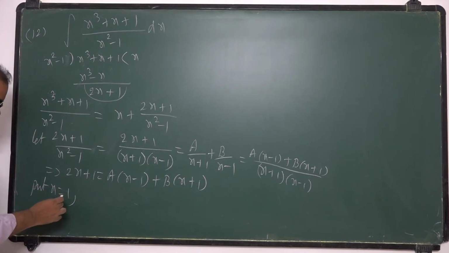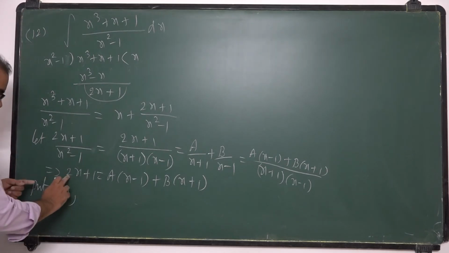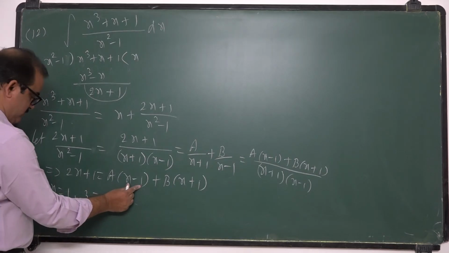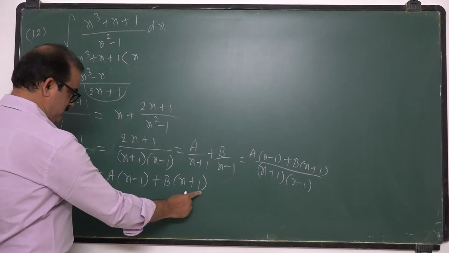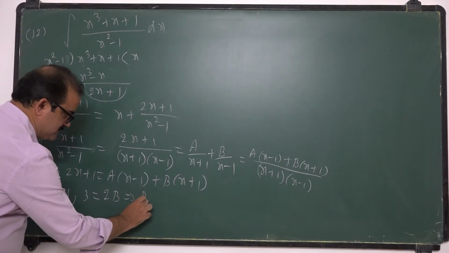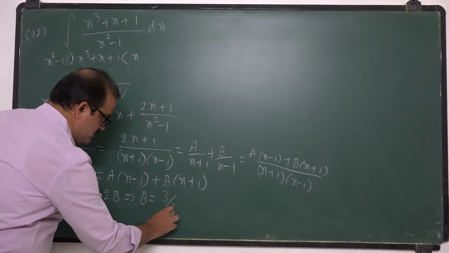Put x is equal to 1. LHS becomes 2 plus 1, 3, is equal to, this term is 0, 1 plus 1, 2 into B. From this, B is equal to 3 by 2.